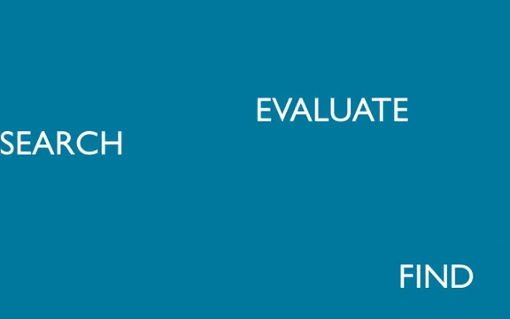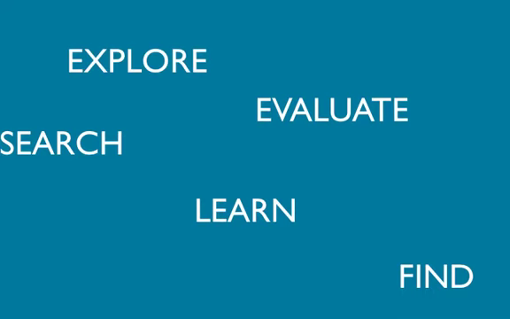Tasks like search, find, evaluate, learn, explore, analyze. These are all valid tasks that websites can be used to engage with. But creating is the most interactive tool. What can your parents create as a result of seeing your experiences?